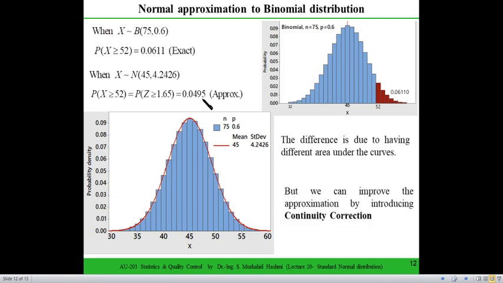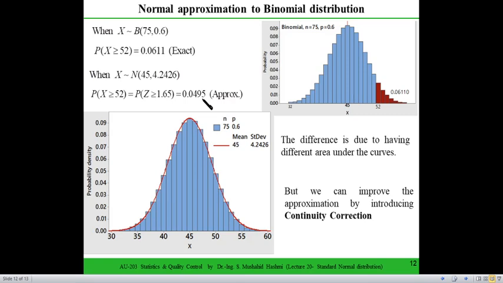So there is a technique we call continuity correction, by which we can improve our approximation when using the normal distribution to calculate the binomial distribution. We have already learned that the binomial distribution formula applies when the number of trials is finite, whereas in a normal distribution there is no such thing as a finite number of trials.